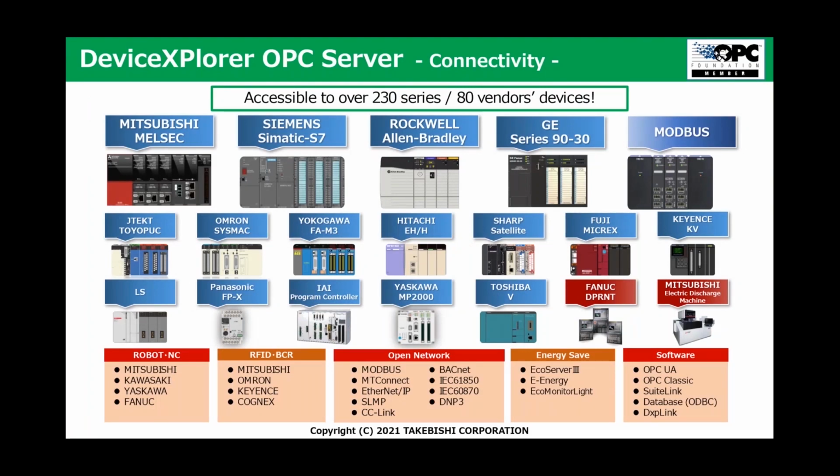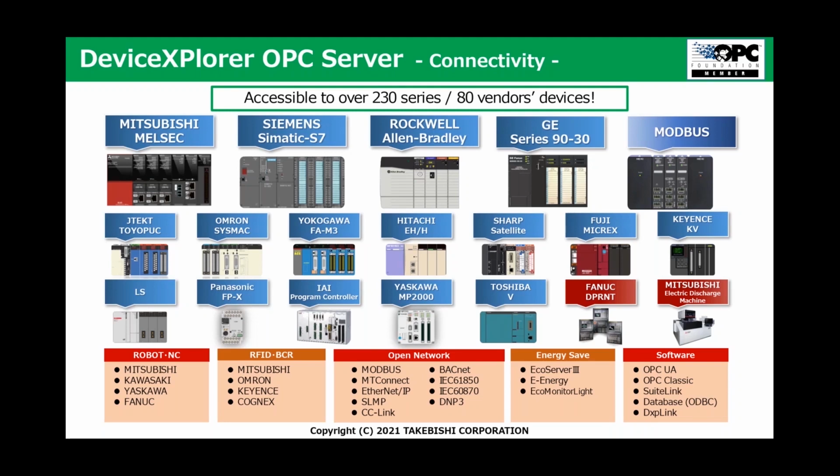Here you see the most used products in the market, starting of course with Mitsubishi Electric MELSEC products, Siemens, Rockwell, even standard Modbus is provided, and Omron PLCs are there. At the bottom you can also see robots are supported: Mitsubishi, Kawasaki, Yaskawa, and RFID products.